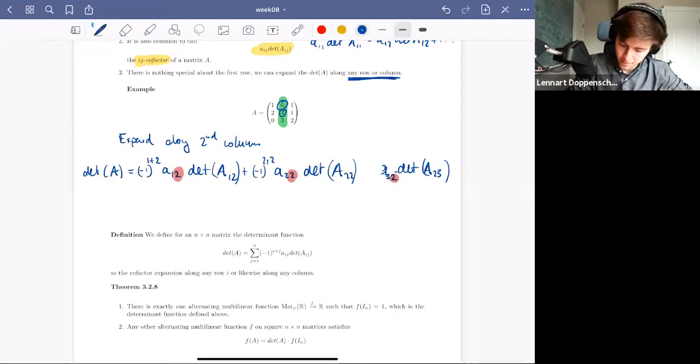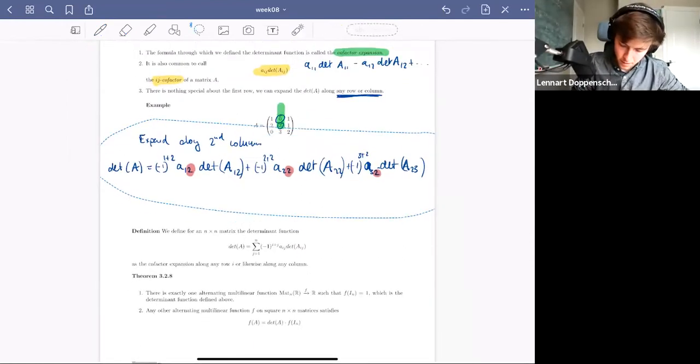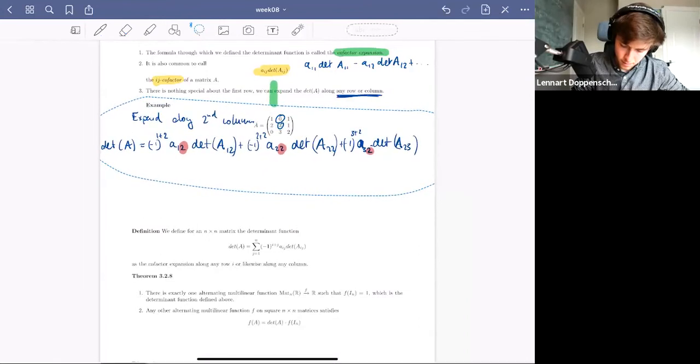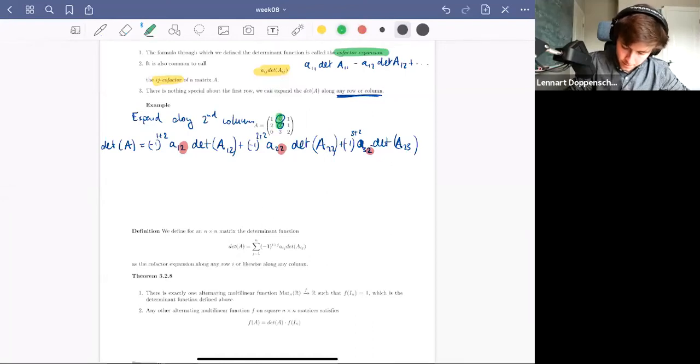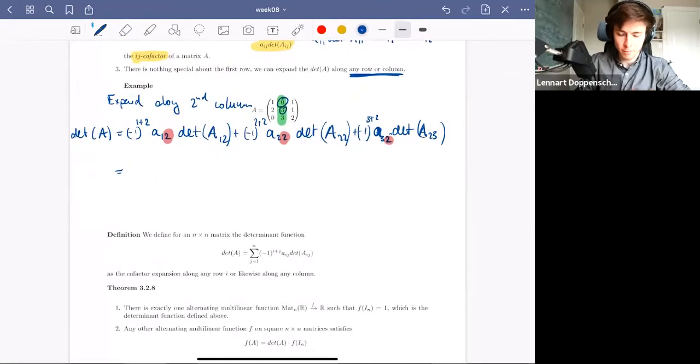And if you have the 3, 2 cofactor, you have -1 to the 3 plus 2. If you compute this, you can see if both indices are either even or odd, then this will be a plus. Otherwise, it's a minus. That's an easy way to remember this.